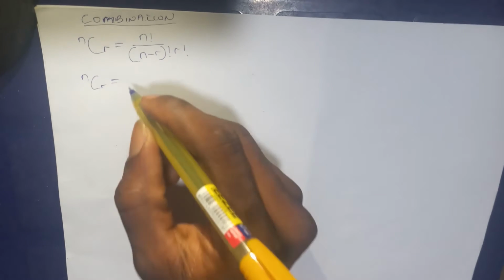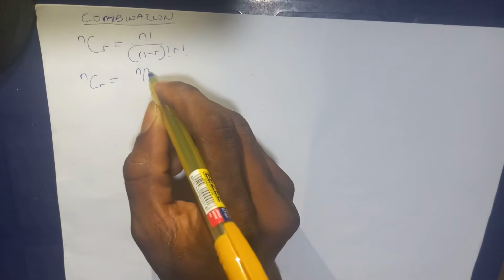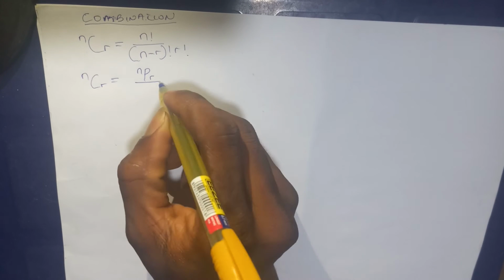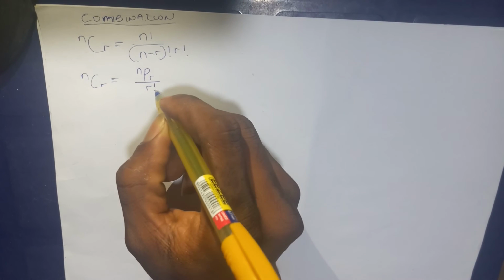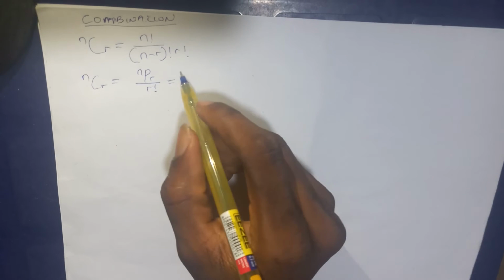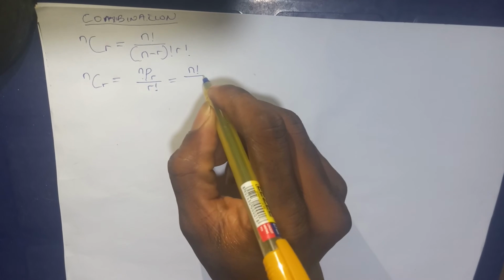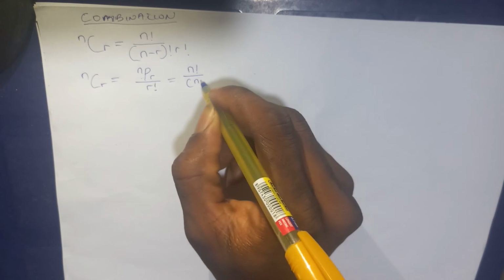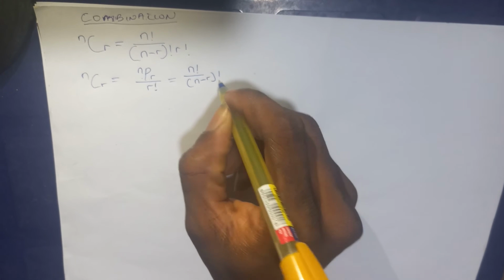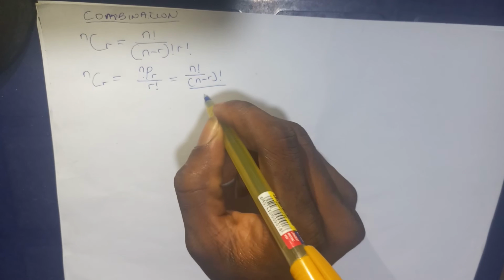This n combination r formula can also be written as what? n permutation r over r factorial, which when written will give us, we know that n permutation r formula is n factorial divided by n minus r factorial, all over r factorial.